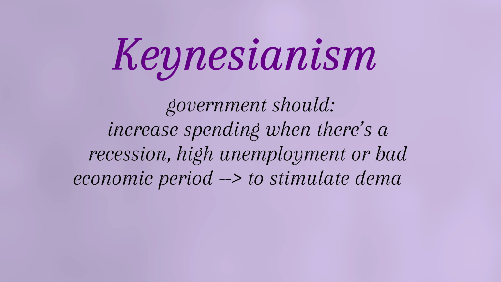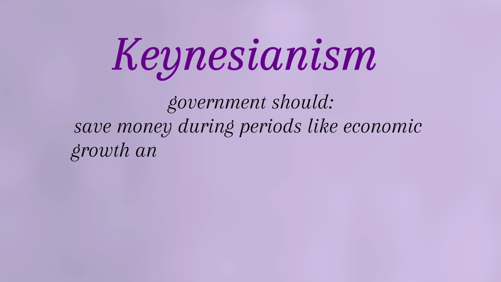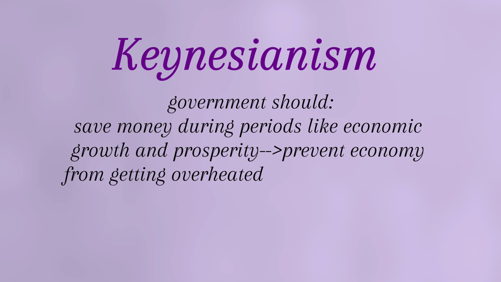This is to stimulate demand. The government should save money during periods like economic growth and prosperity. This is to prevent the economy from getting overheated and to not create a surplus.